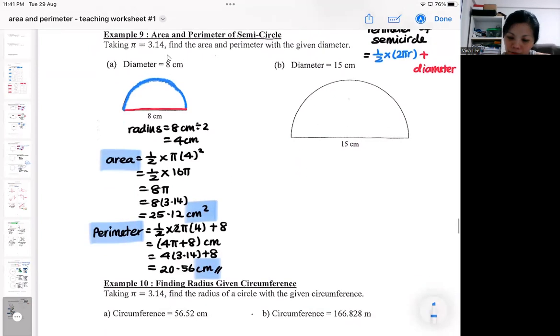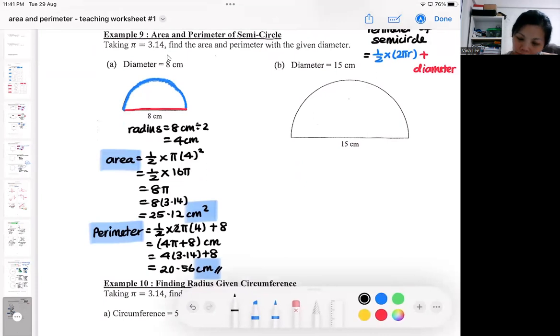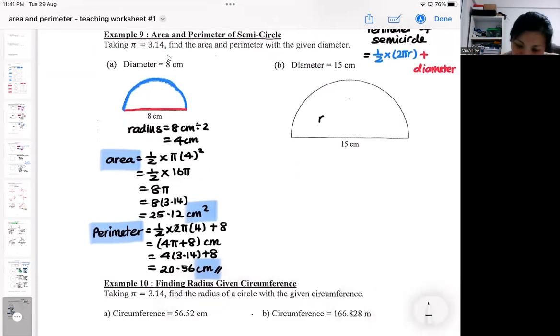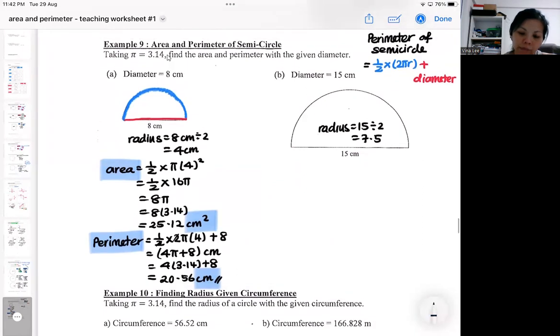So the same goes for the next one. In this case, maybe I save a bit of space here. The radius will be 15 divided by 2. That will give me a 7.5. So if I would like the area, it's just half of pi r squared.